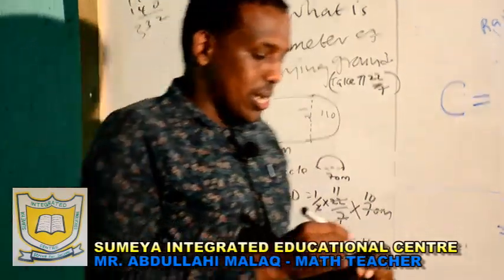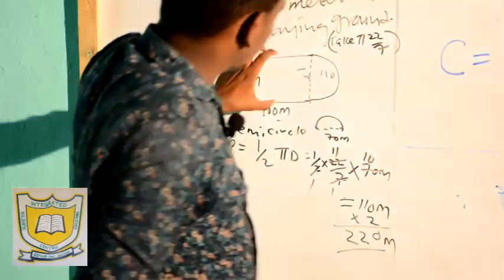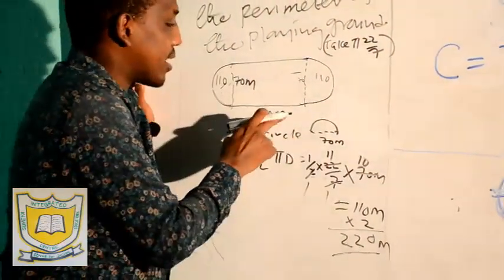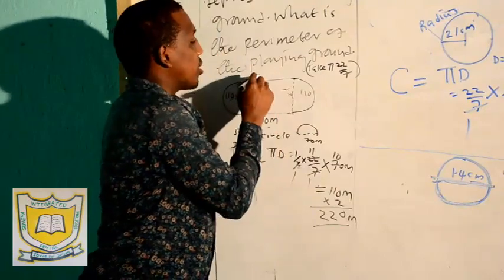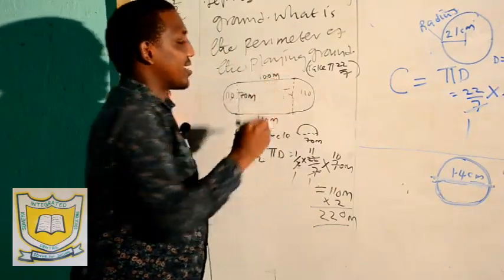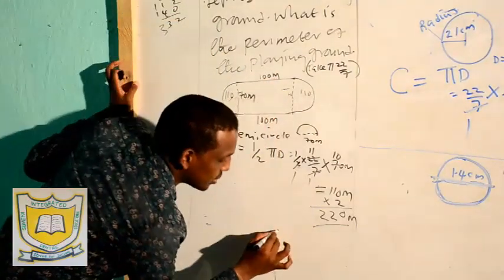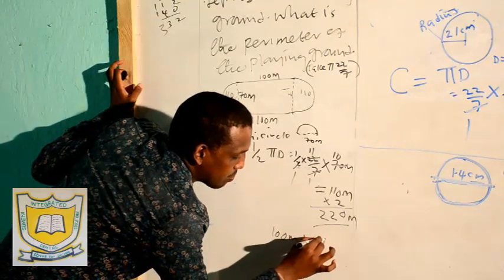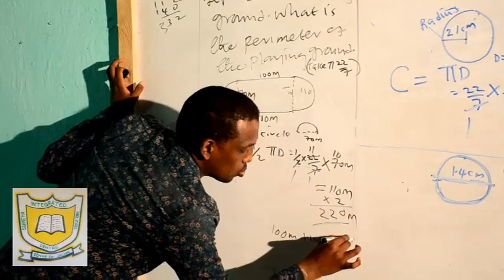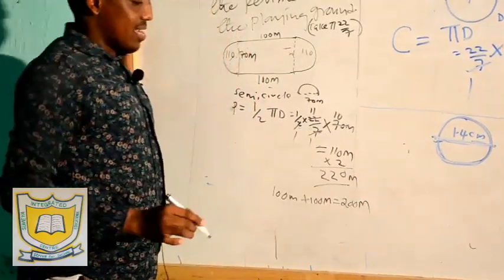We have not finished now. There's also a rectangle here. So if here is 100, here is also 100. So here is 100 meters, perimeter. So we add 100 meters plus 100 meters, which is equal to 200 meters.